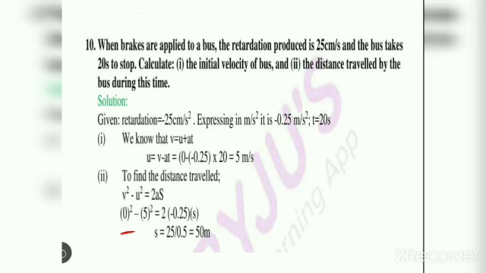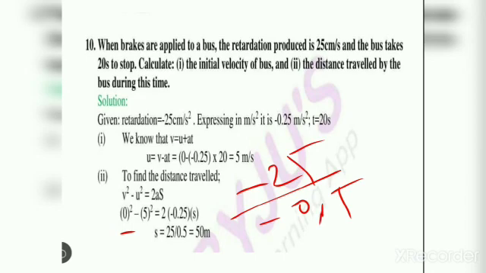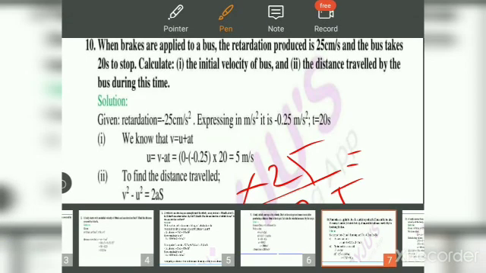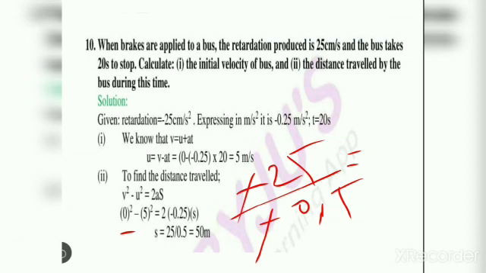Here 5 square is not minus 5 square, the square is only for 5. So it will be minus 25 divided by, when you take this to the other side, minus 0.5. This minus and minus will get cancelled and you will get the answer as 50 meter. So you have to keep the signs in mind also.